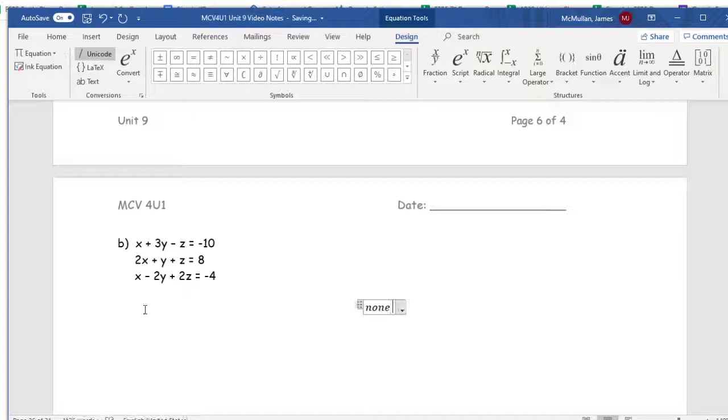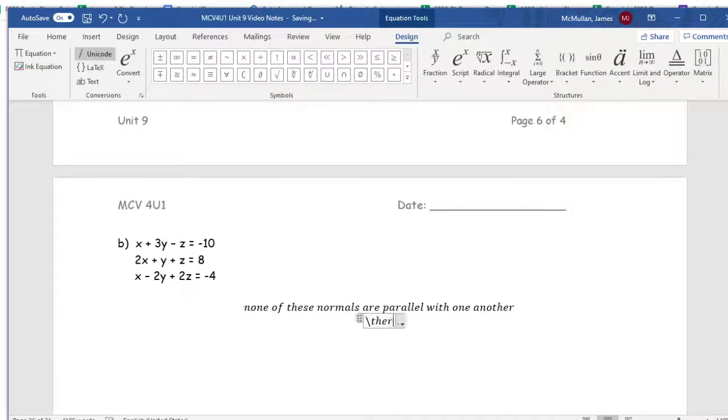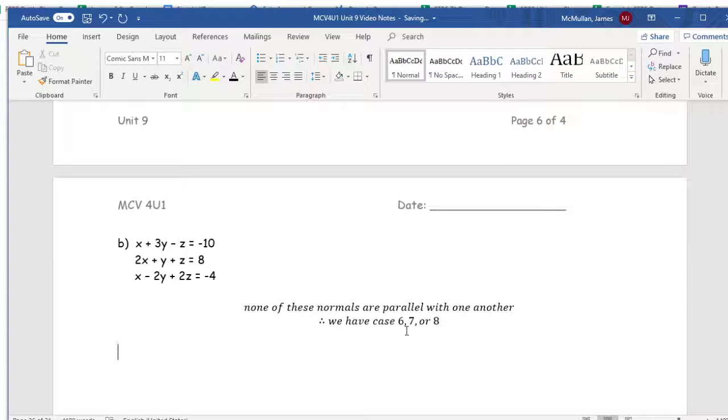So none of these normals are parallel with one another. Therefore, as soon as you see that, you've just cut your possibilities down from 8 to 3. Therefore, we have case 6, 7, or 8. Those are the only things that could happen.